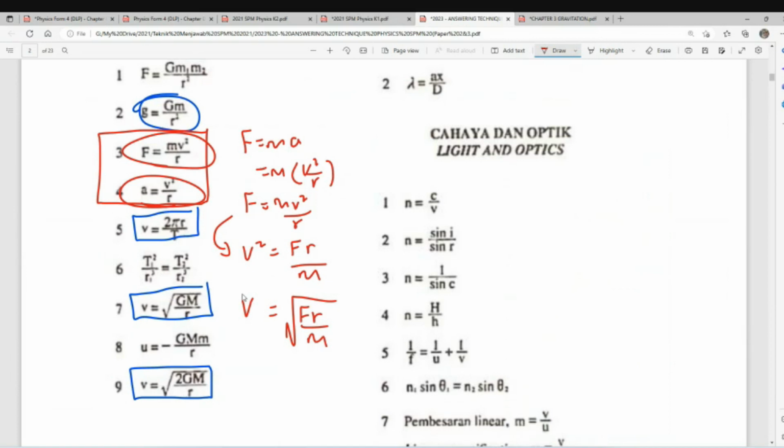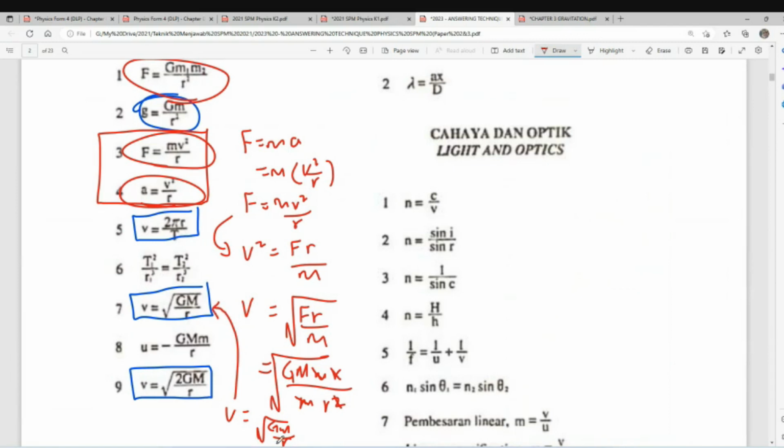And the F itself is the gravitational centripetal force. You can substitute this back into the formula, so you have the square root of GMm over R squared, times R over m. Then the R cancels, and the small m cancels. Therefore v equals the square root of GM over R, which is the linear speed here.